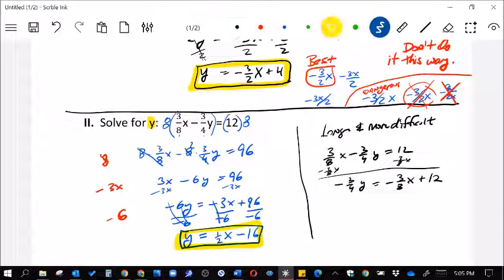Here the problem is many people don't know what to do with the fraction. So they try to do some weird thing where they try to divide by negative 3/4. Although that's possible to do, it's very confusing in almost every way.